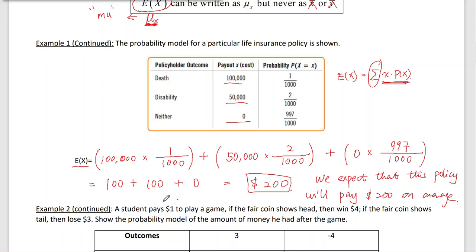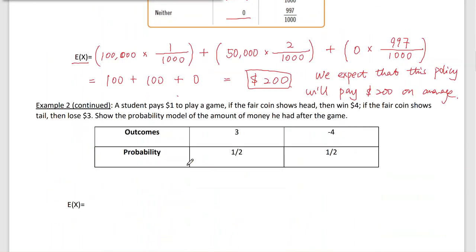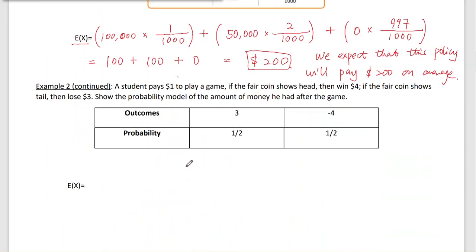All right, let's go for the second example. This student wants to play a game. We want to know if this student keeps playing this game, whether it would be good for him or not good for him. How much money can he gain from this game on average? So we still need to calculate the expected value.